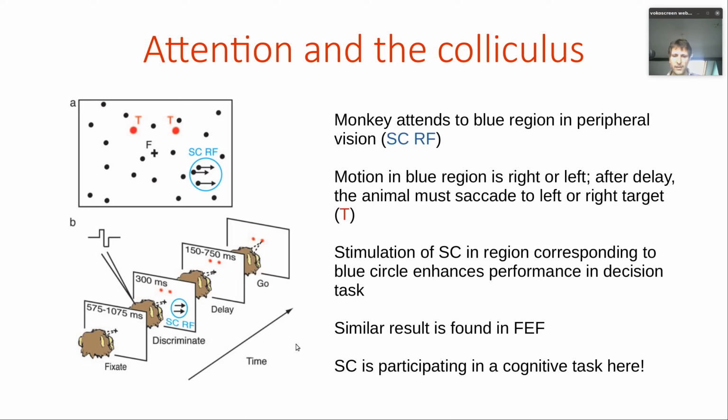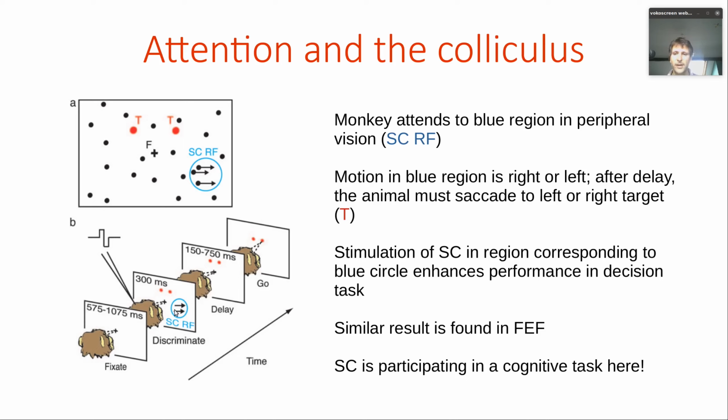And what they found is that if they stimulated the colliculus with a low-level stimulation, which is not enough to make the eyes move to that location, but if they stimulate it with this microstimulation in the area where they're asking the monkey to make the discrimination of the movement direction, then the monkeys actually do better on the task.